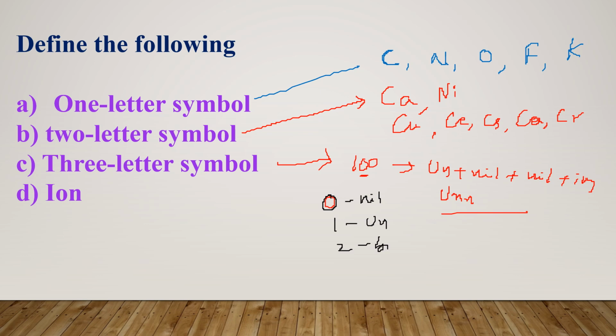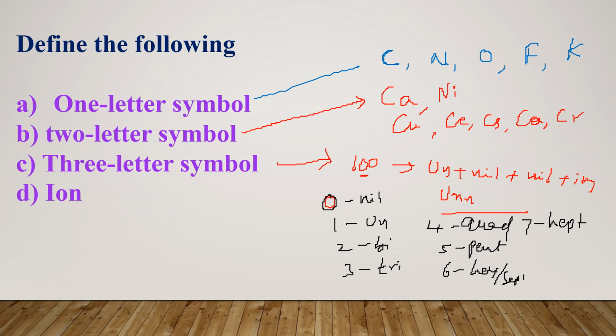Then 2 is there, bi. Then 3 is there, generally we use tri. Then 4 is there, that is quad. Then 5 is there, then we use pent. Then 6 is there, then hex. Then 7 is there, hept, sometimes we can call it sept also. Then 8, oct. Then 9, en.